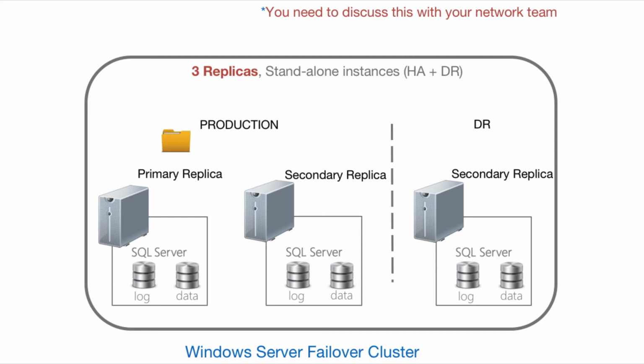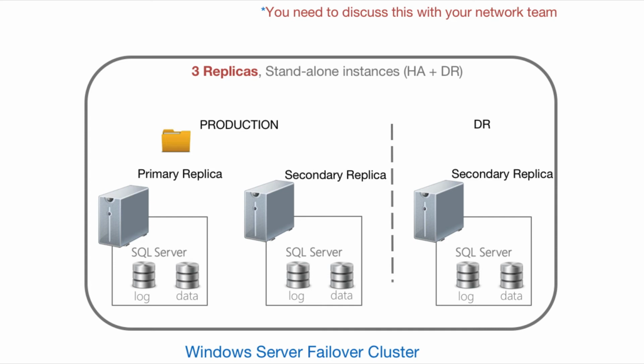Well, in this case, because I'm only allowed to run one extra SQL Server instance free for every license, if I have software assurance, I will have to pay for my DR license, even though I'm only using it for DR. In terms of replication mode, between the primary and the secondary replica in my production data center, I can do synchronous replication.